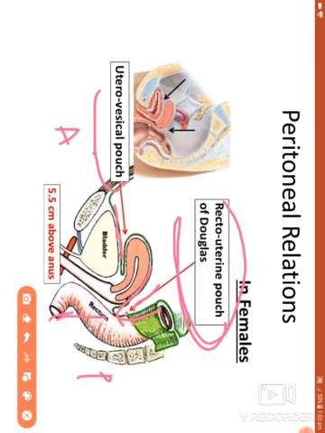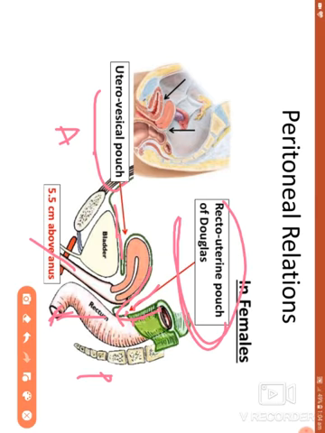It is the most dependent part of the peritoneal cavity. So if there is any infection or injury, fluid consisting of pus and blood tends to collect there. That can be drained either through the anus or through the vagina.